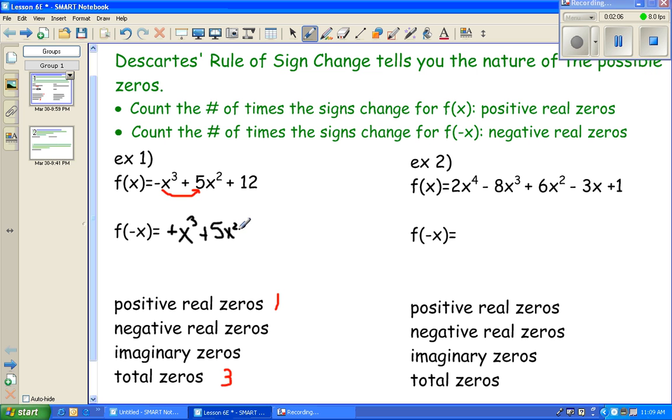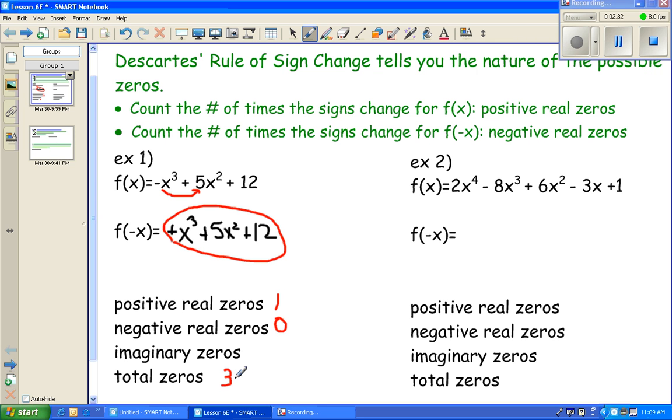And if you plug a -x into positive 12, you're left with positive 12. So f of x tells you the positive real zeros. F of -x tells you the negative real zeros. Here, you'll notice we don't have any sign changes at all. Positive, positive, positive. So we're going to have 0 negative real zeros.